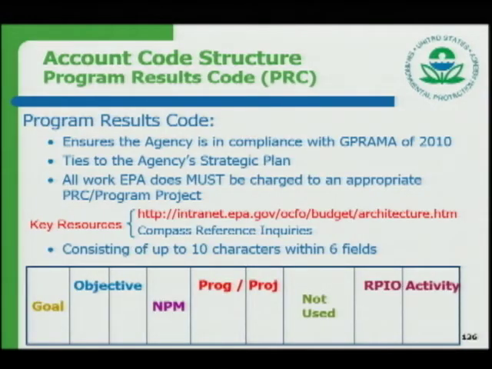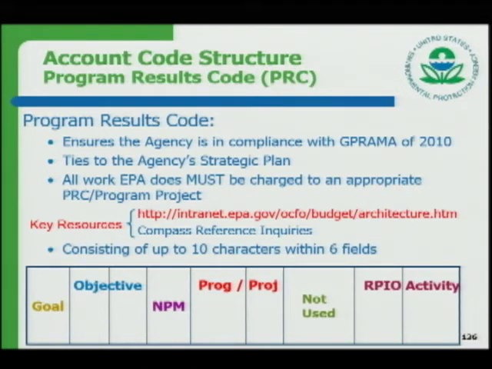All right, so now, as I mentioned before, this is the fourth element of our account code structure, and it is the most important. And it is the PRC, our program results code. And as you see along the bottom of the screen, it is made up of several different elements in the agency, and those elements all come together to define what the work is and who we are as an agency.